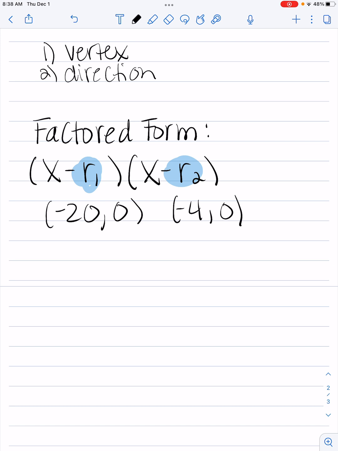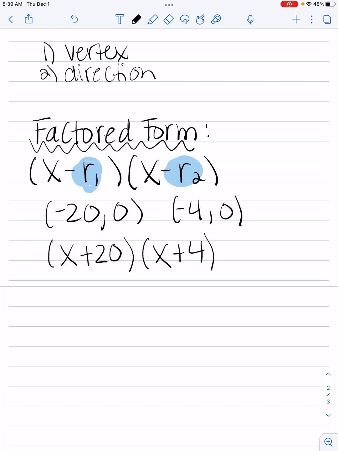So when I see that in a graph and I have to write it in factored form, I'm going to, again, change the signs because I'm putting them into the parentheses in the equation, so my signs would be opposite. So again, factored form tells us our x-intercepts.